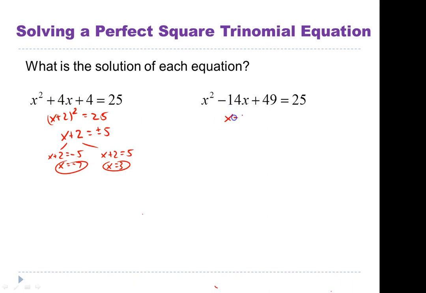Okay, I have x minus 7 quantity squared equals 25, taking the square root of both sides, plus or minus 5. So x minus 7 equals negative 5, and x minus 7 equals positive 5. Adding 7, x equals 2, and x equals 12. So those are my two solutions.